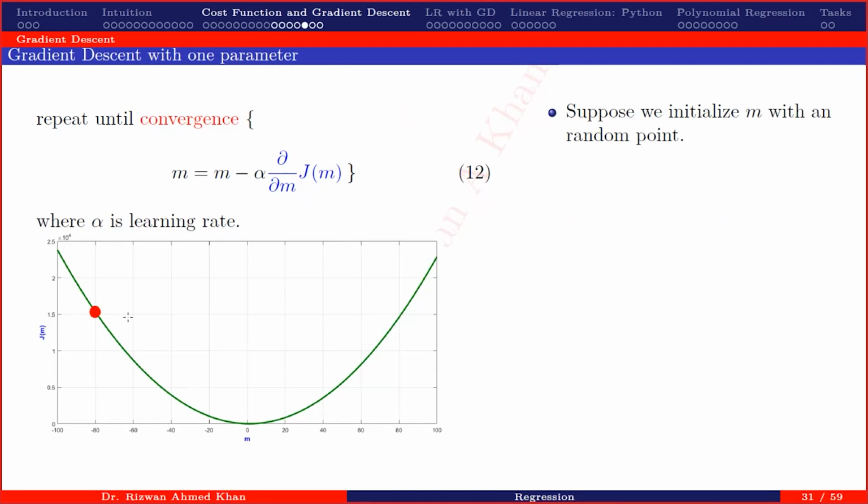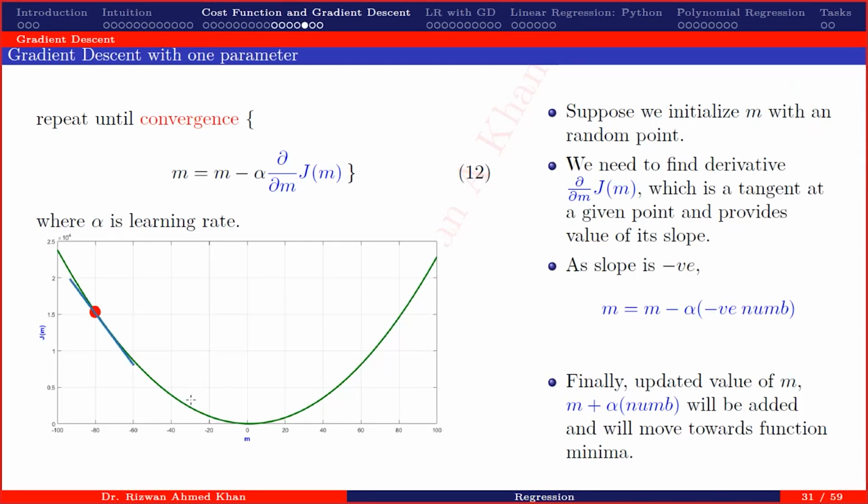And vice versa, if m is over here and you take a derivative in this direction, the derivative is negative, and when you write m equals m minus alpha into some negative number, negative and negative make it positive, which tells that the value of m has to be increased, added with some number equal to alpha into gradient.